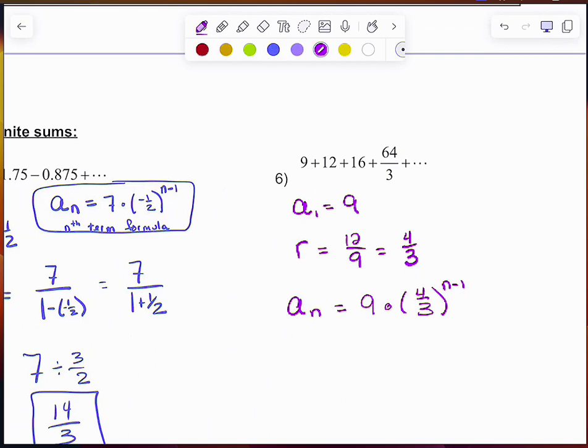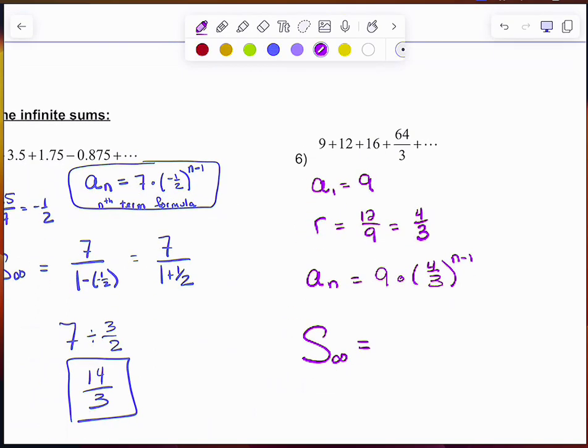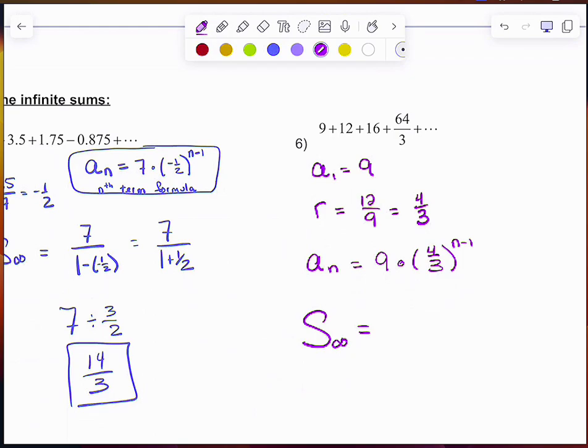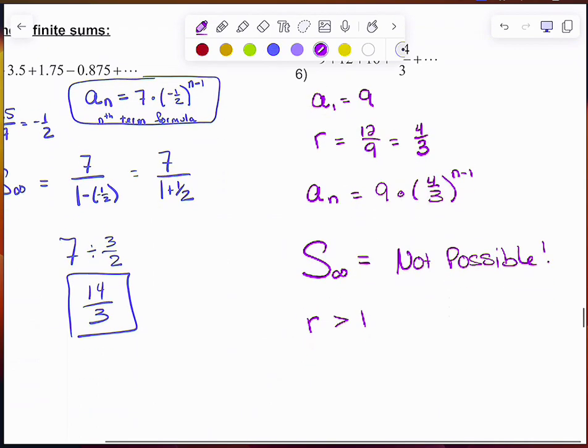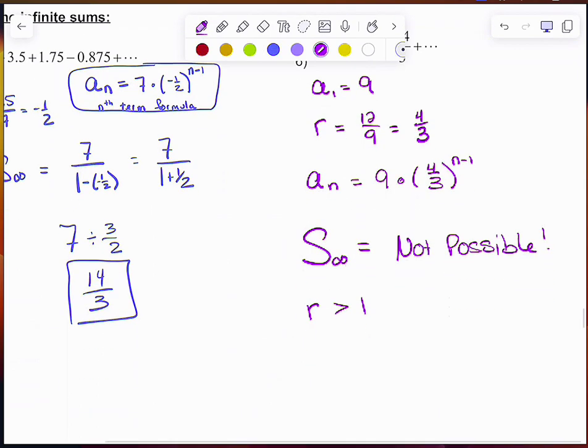I could ask you, what's the 25th term? And you could calculate it for me if we wanted. And then our infinite sum is not possible. The r is greater than 1. 4/3 is greater than 1. Our series diverges.